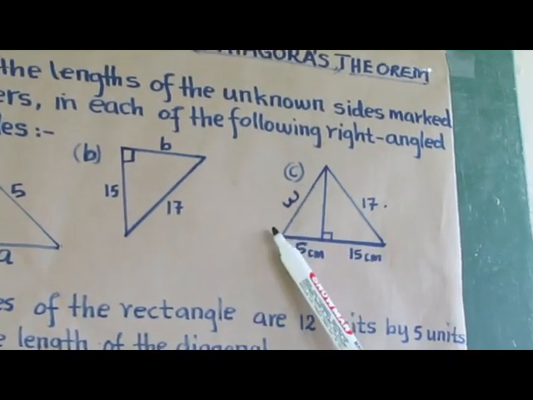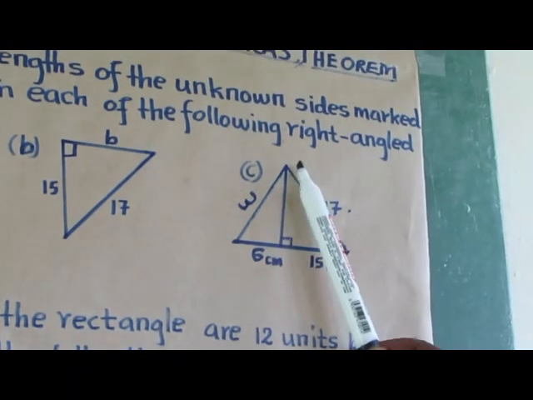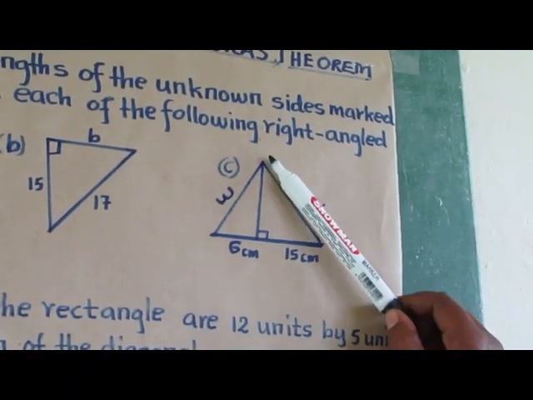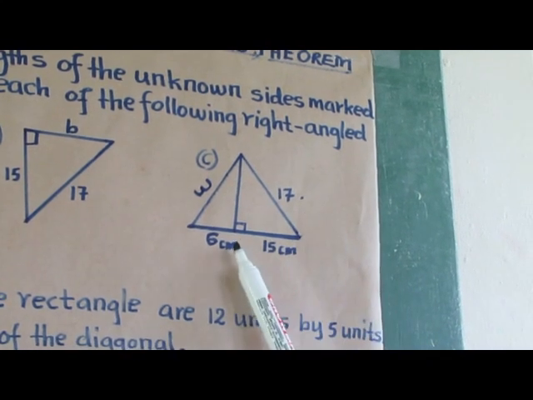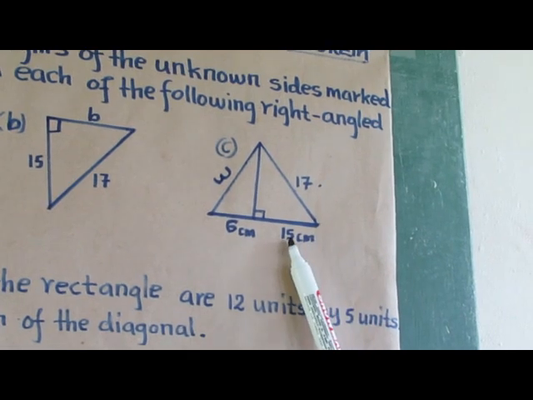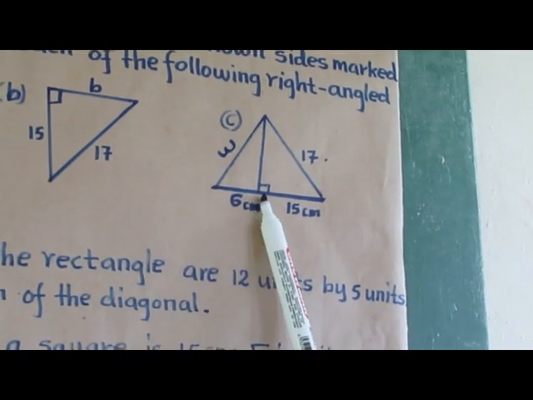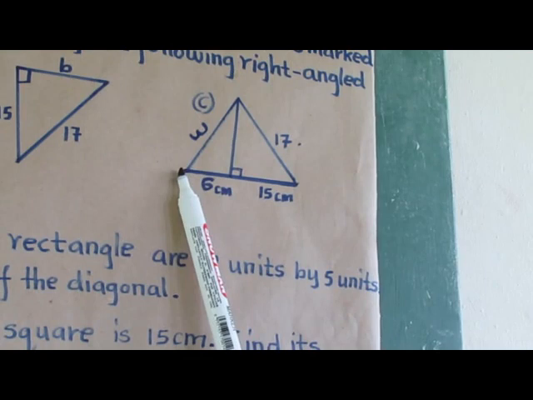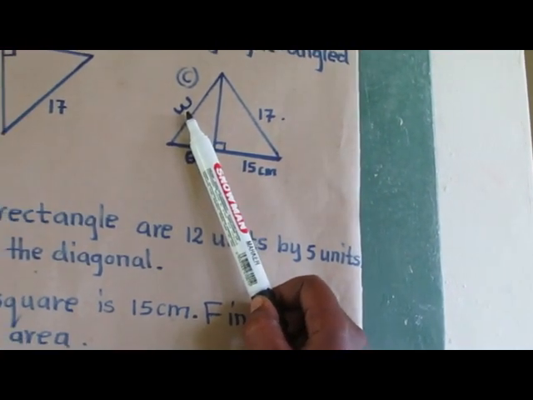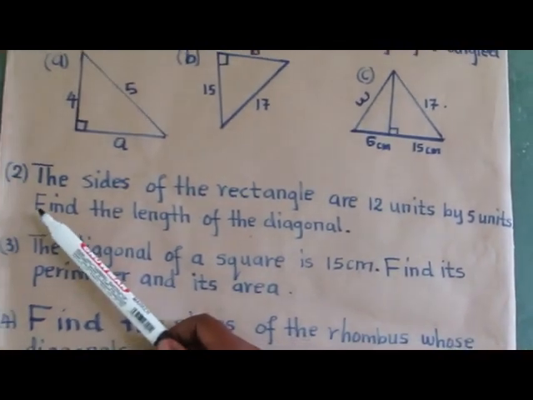C, it is a triangle also. This side here is w, you have to find what is w. The hypotenuse is 17 and from the point here up to this point it is 15 centimeters and from the point here to this one here it is 6 centimeters. So find what is w here. Question number 2.